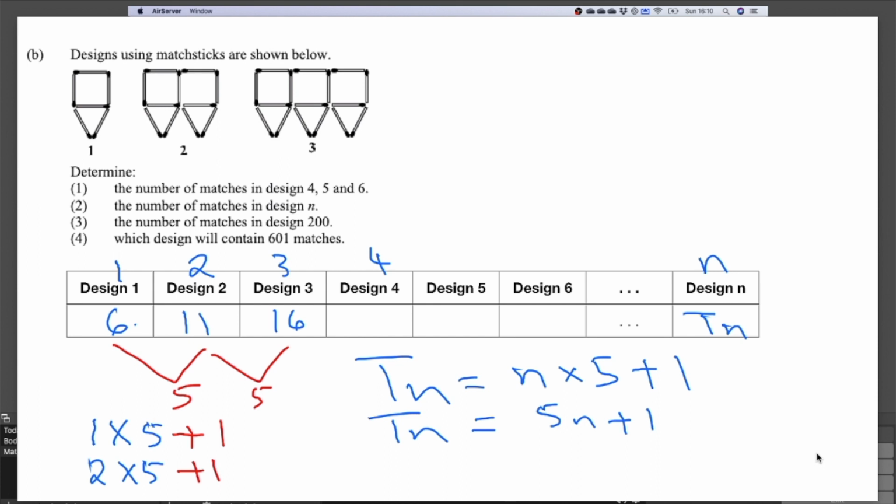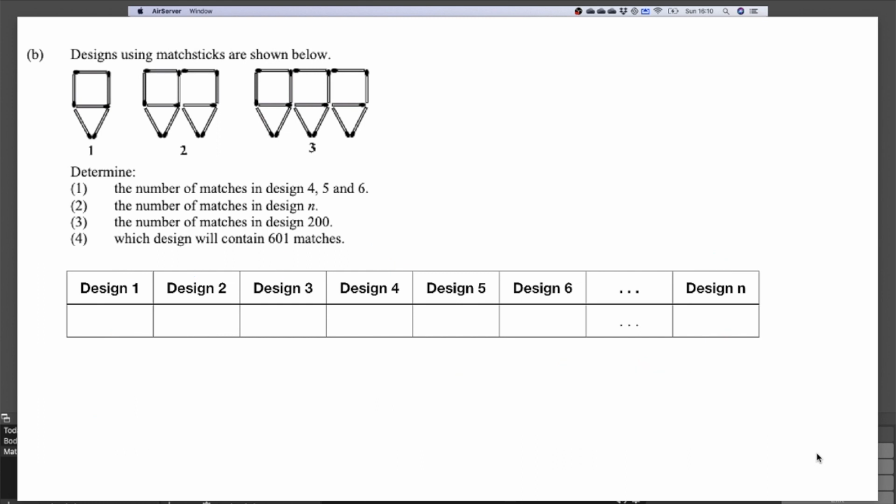Let us look at number 3. We want to determine the number of matches in design 200. That means we are looking for T200. That is what we need. But we need to know Tn in order for us to determine T200.